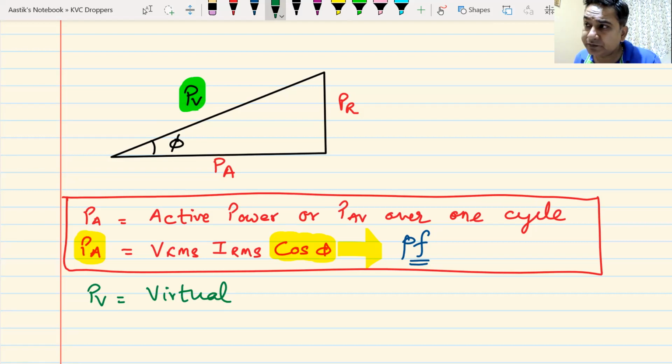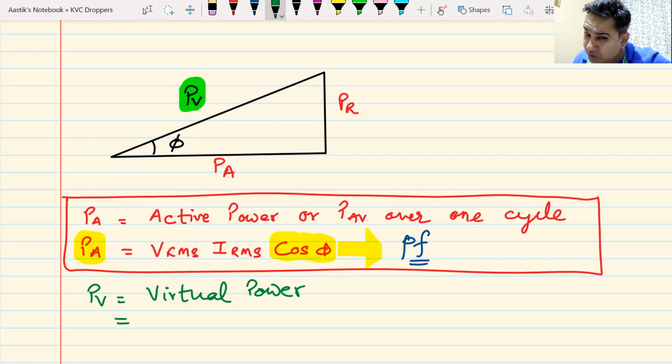An AC circuit takes some power from the line. This bulb is taking some power from the house line, but only some part of this power is used, and the other part is given back. The total power that is taken, of which some part is given back, is known as the virtual power.